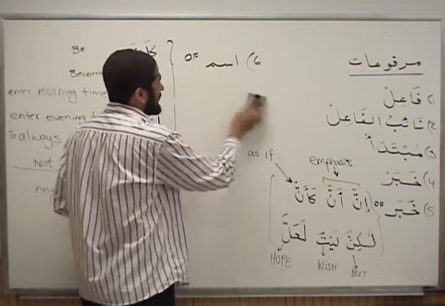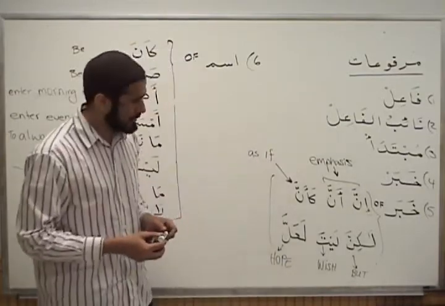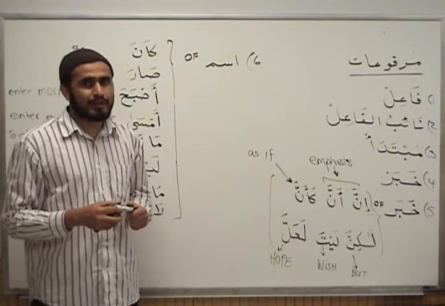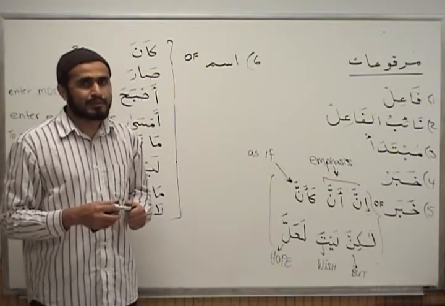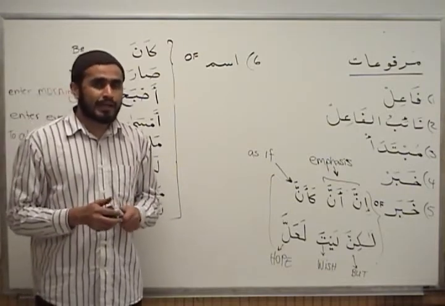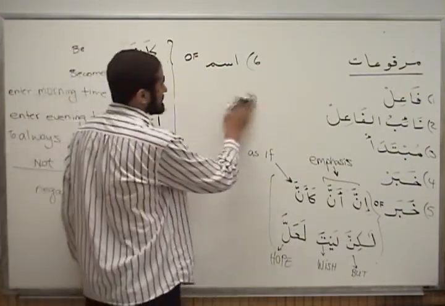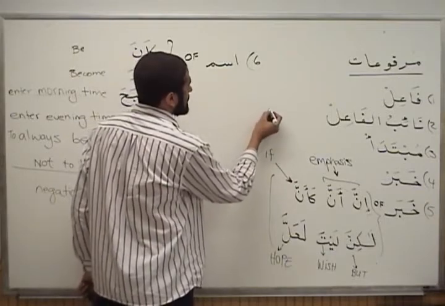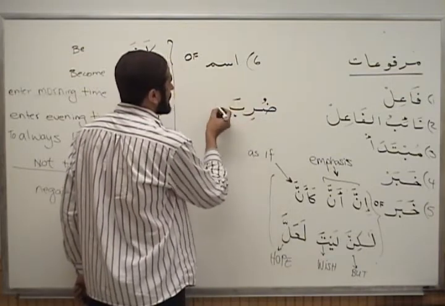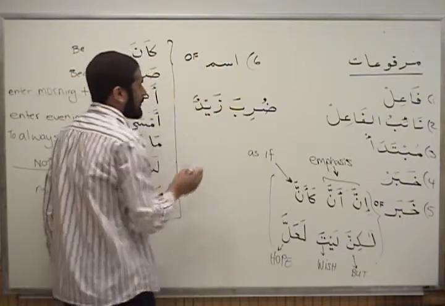The second category is na'ibul fa'il, which is the substitute of fa'il, the substitute of the doer of the action. What is it? It is the object which has been placed in the place of the subject. The subject, the doer, is not mentioned, but the receiver of the act is mentioned. For example, ضُرِبَ زَيْدٌ.